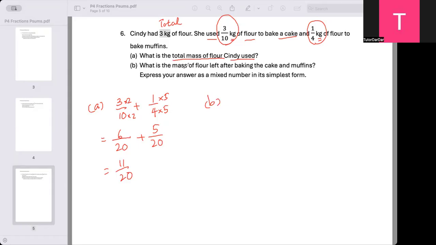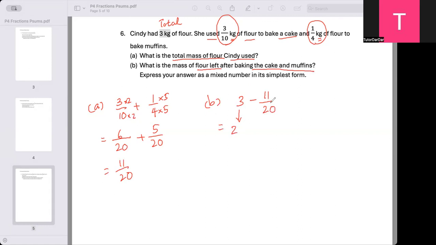Okay, now B. What is the mass of flour left after baking the cake and muffins? So total minus whatever we used. This is what we are going to do for B. So total is 3 minus 11/20. Now, you all know this can be converted into 2.